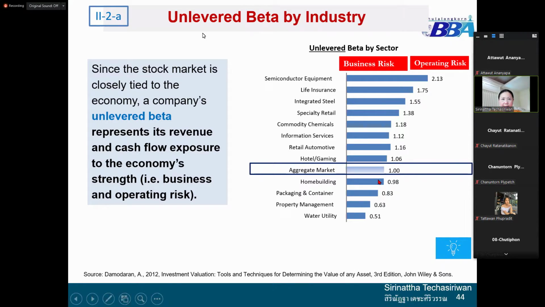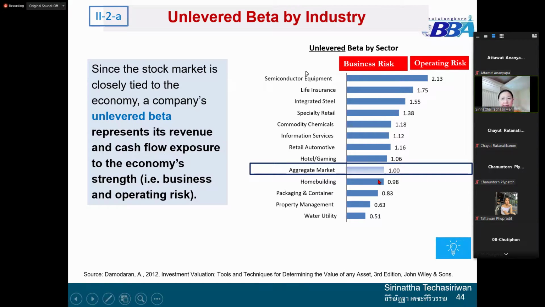Okay, if you don't have questions, in this slide, when we talk about unlevered beta, this is the beta that already takes out the financial risk. So this unlevered beta reflects only business risk and operating risk.